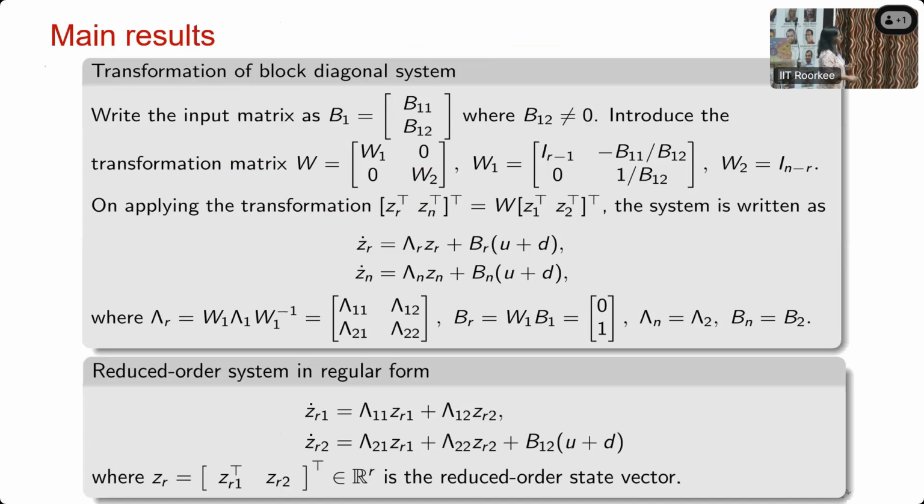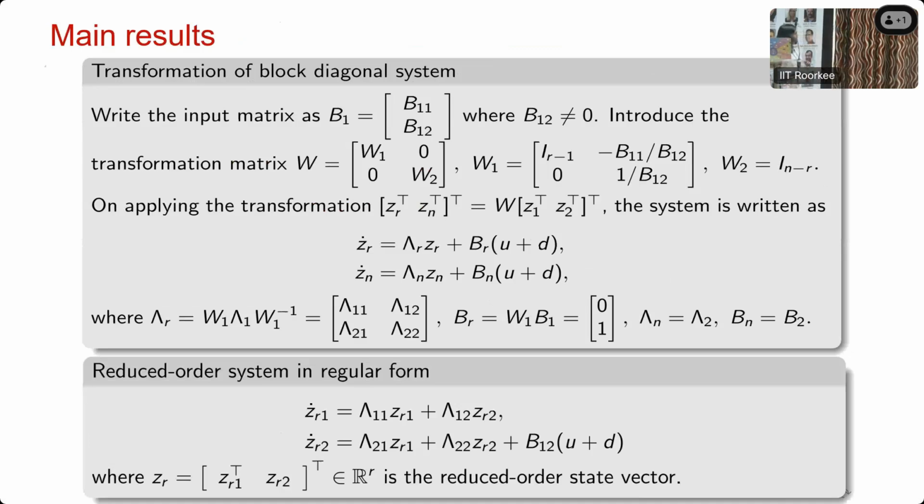So Zn is nothing but Z2, but this Zr dot is now in terms of the regular form. When I say regular form, you can look here that this D12 will be 1 in the single input case. So we are able to write the system model in this 0, 0, 0, 1 form. This is the regular form.